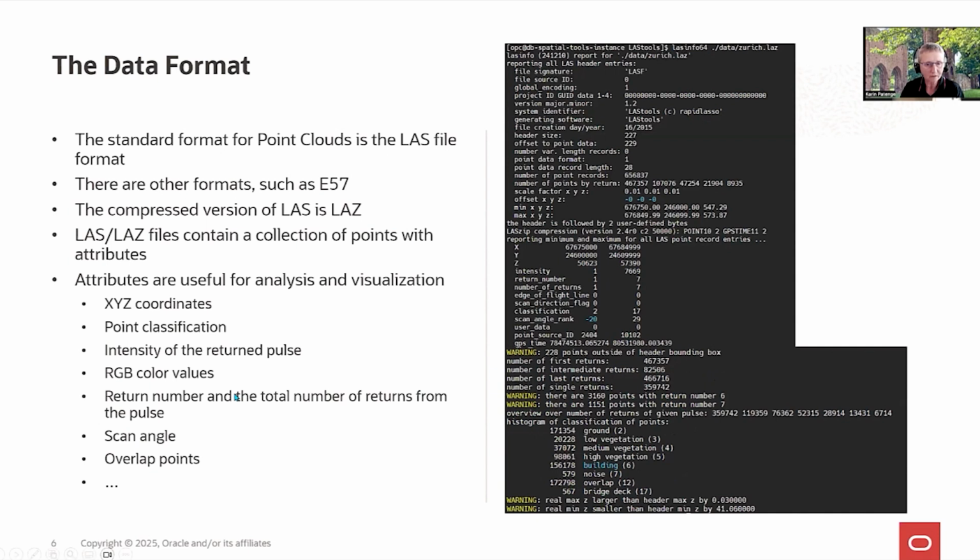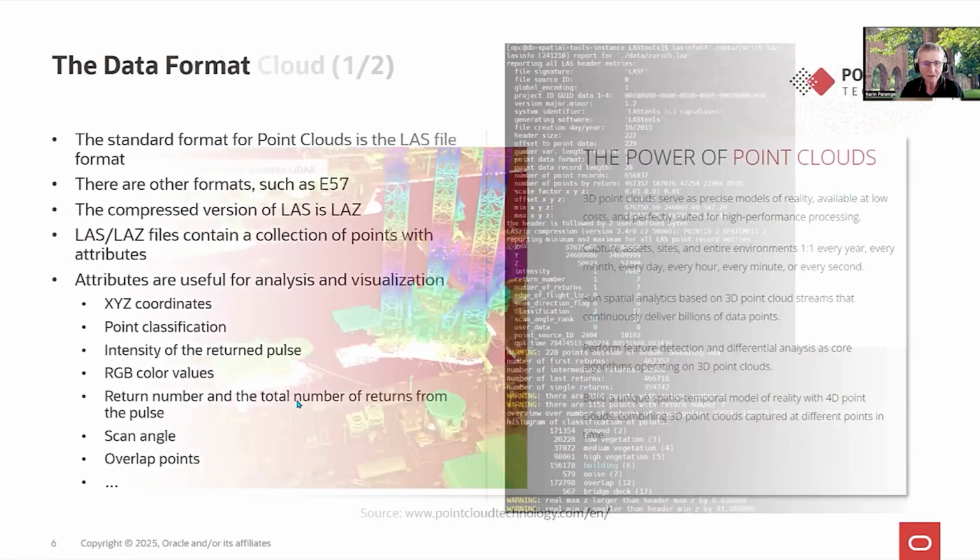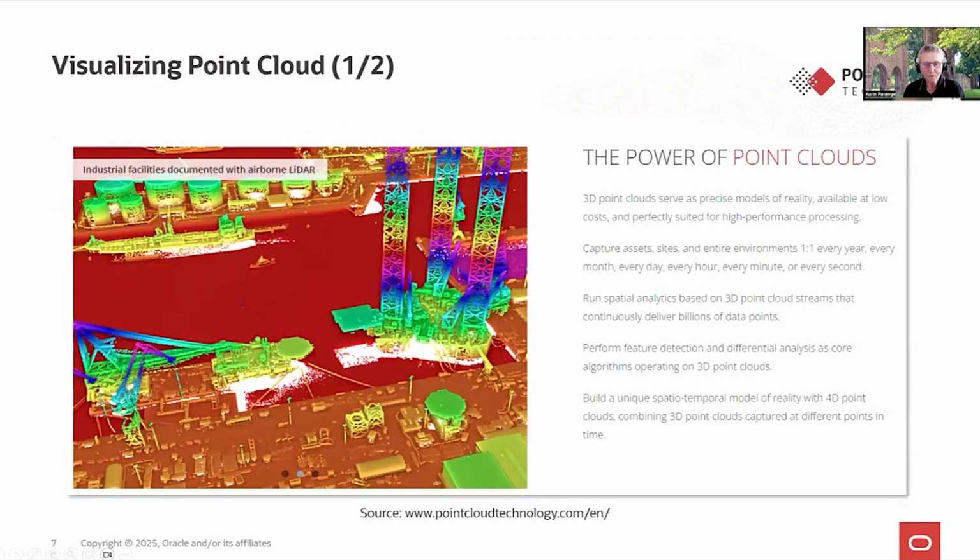Okay, let's go next. And of course, I talked about the type of usage of point clouds, and it is used for creating digital twins or building city models. And here we have a point cloud data set, which is originated by our partner Point Cloud Technology.